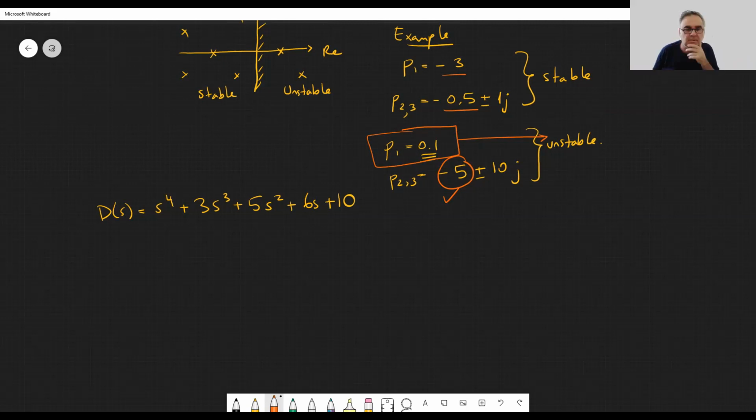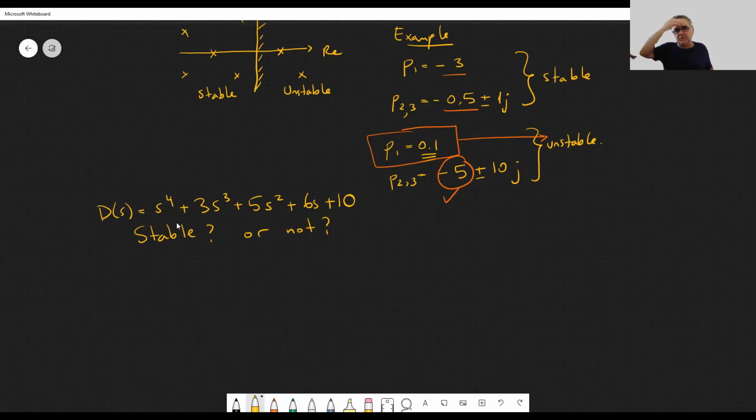Now, how do we know? Just by looking at this, can we find whether this is a stable system or not? Well, it's not very easy.